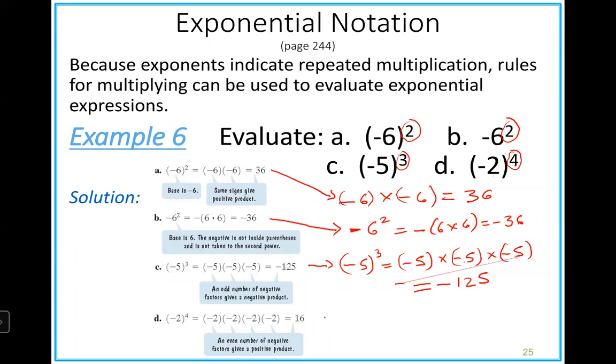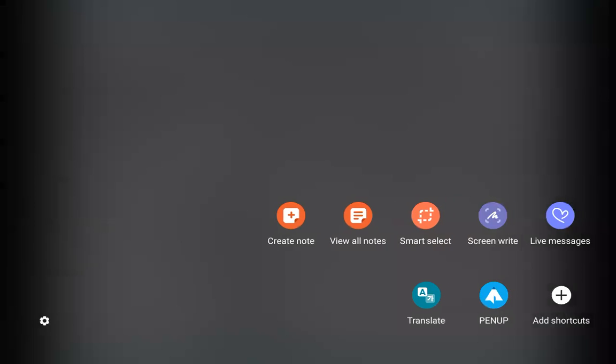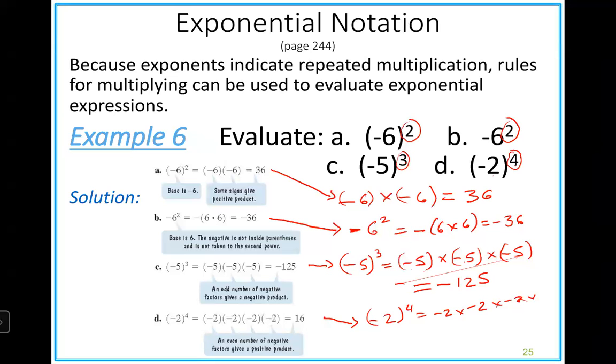Now in this last one, you have -2 to the 4th power. So you're going to multiply -2 times -2 times -2 times -2. So you're multiplying 2 by itself 4 times.